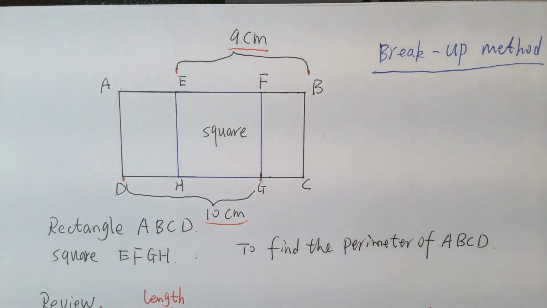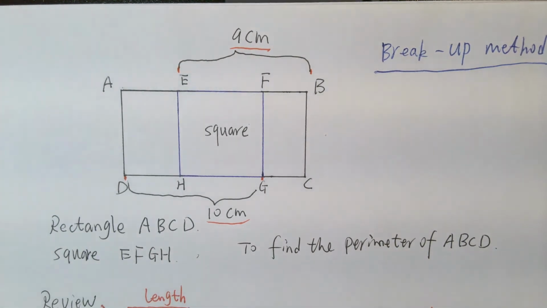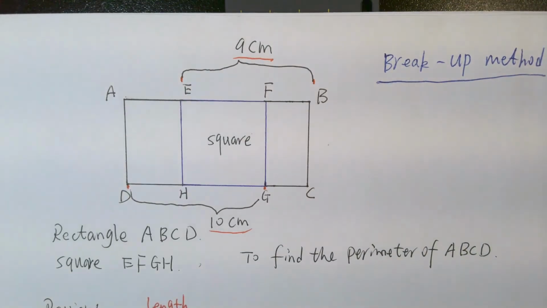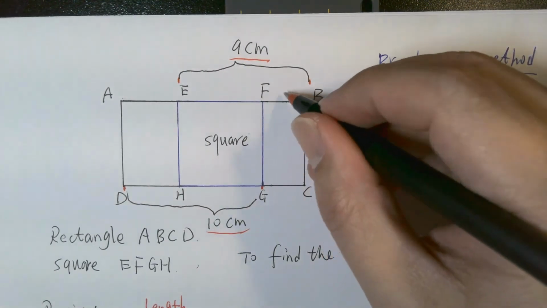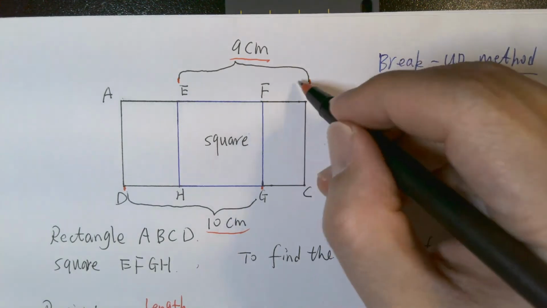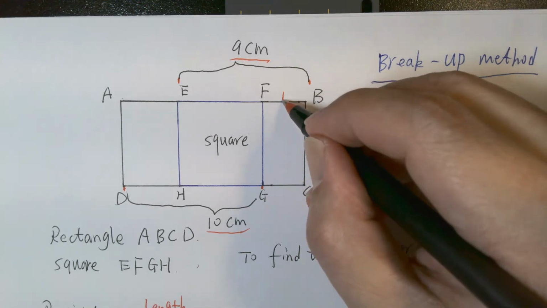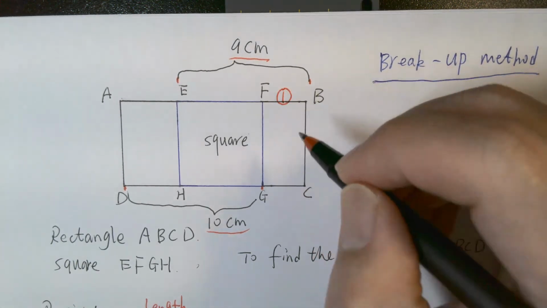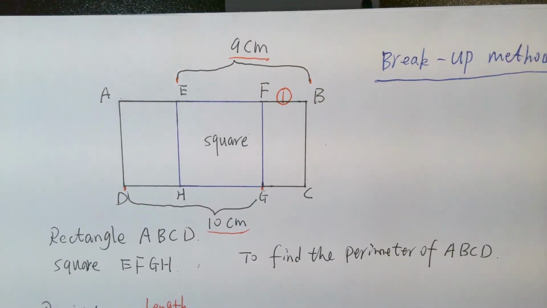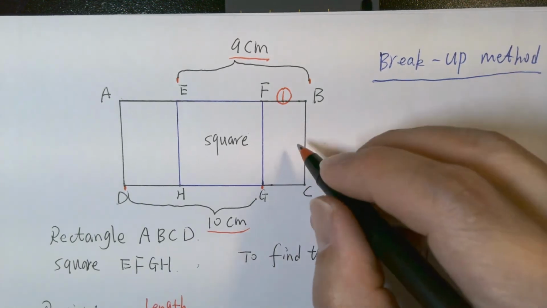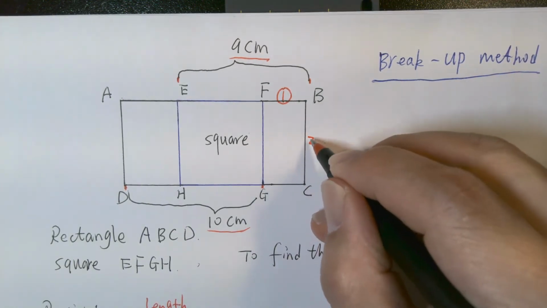Now, in order to make our calculation easier, I'm going to call the length from F to B, length 1. From B to C, let's call it number 2.